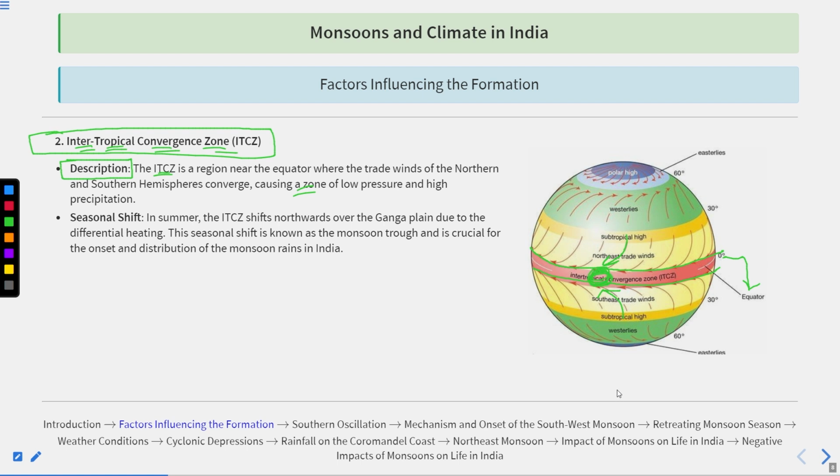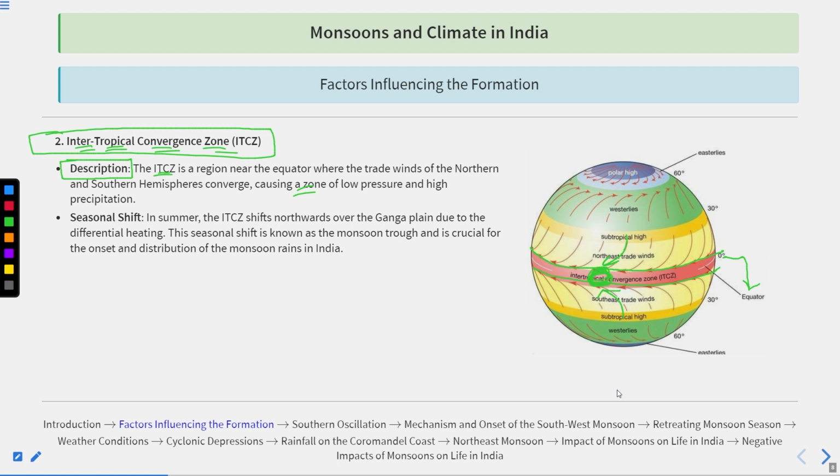And remember, these winds are coming from the oceanic regions and also carry moisture. So when they converge with each other in the ITCZ, the Intertropical Convergence Zone, that is a low pressure zone. When they converge, basically their precipitation and water droplets also get converged.